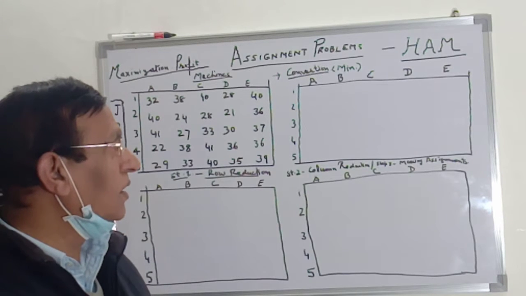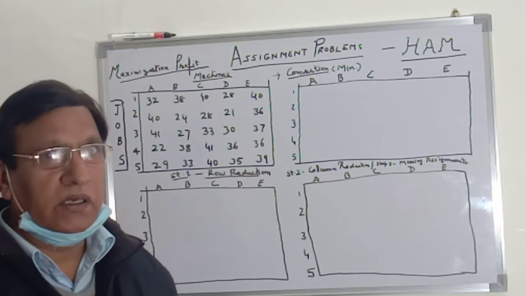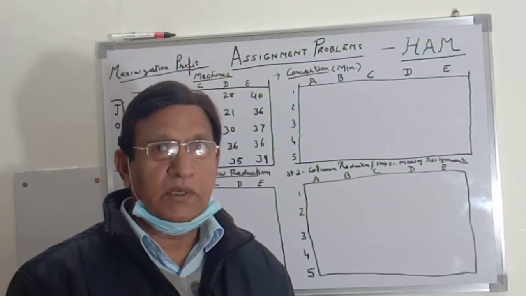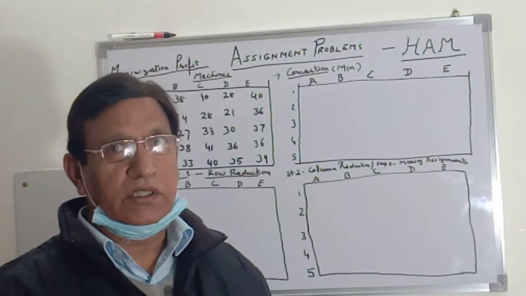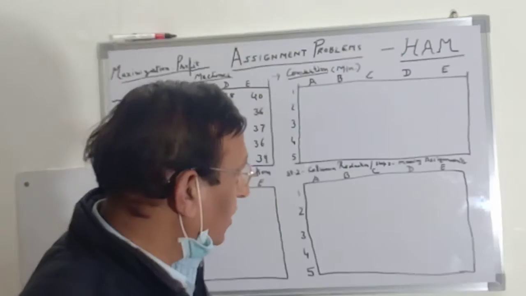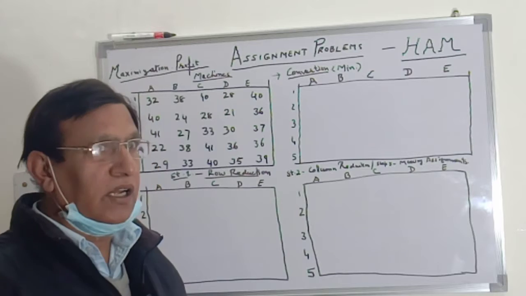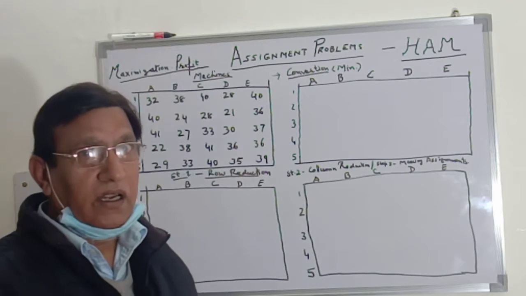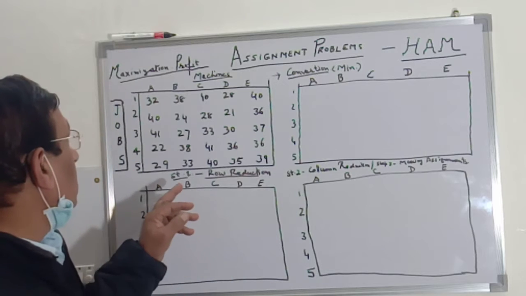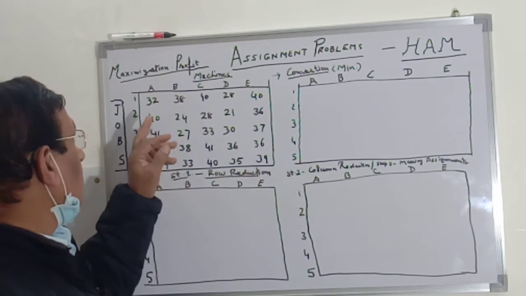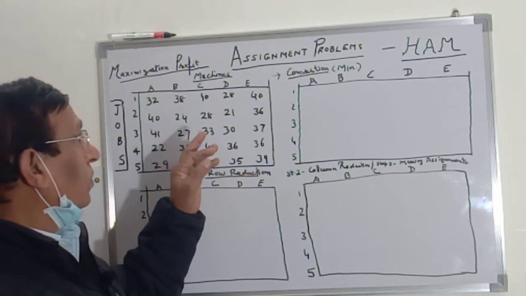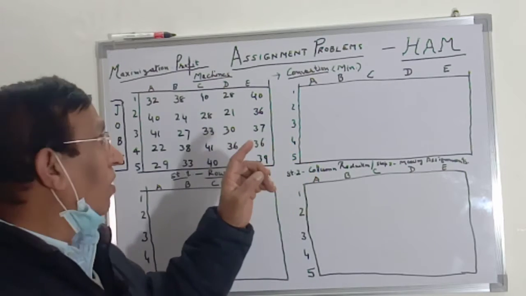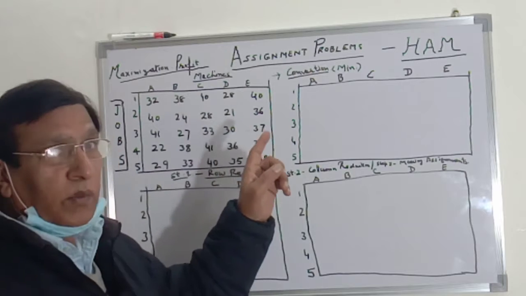The Hungarian assignment method was developed by Konig, but originally that method was developed for minimization. For maximization, we cannot start directly from our first step of row reduction. We have to convert this maximization case, that is profit, to minimization case, that is cost, or you can say opportunity cost.